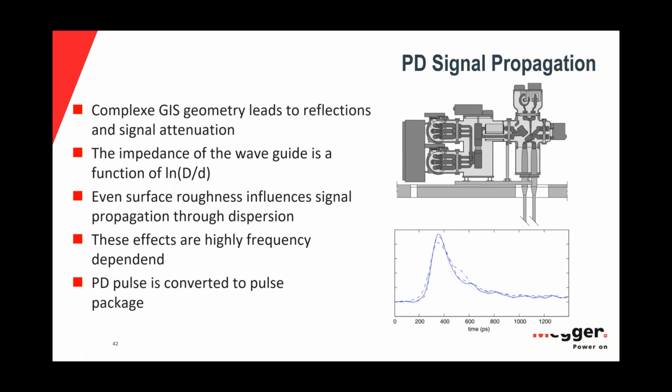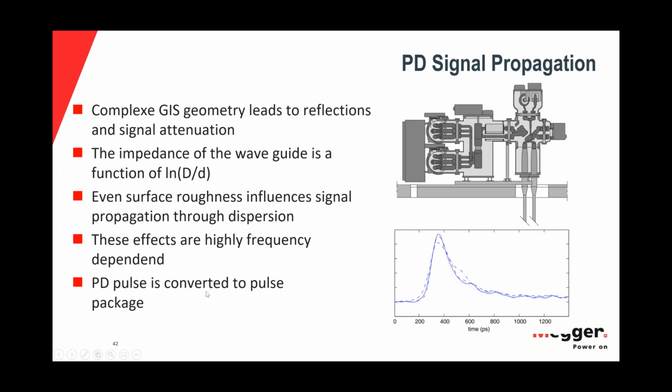The impedance of the waveguide is a function of the logarithm of the diameter ratio, and even the surface roughness influences the signal propagation through dispersion. And these effects are highly frequency dependent.